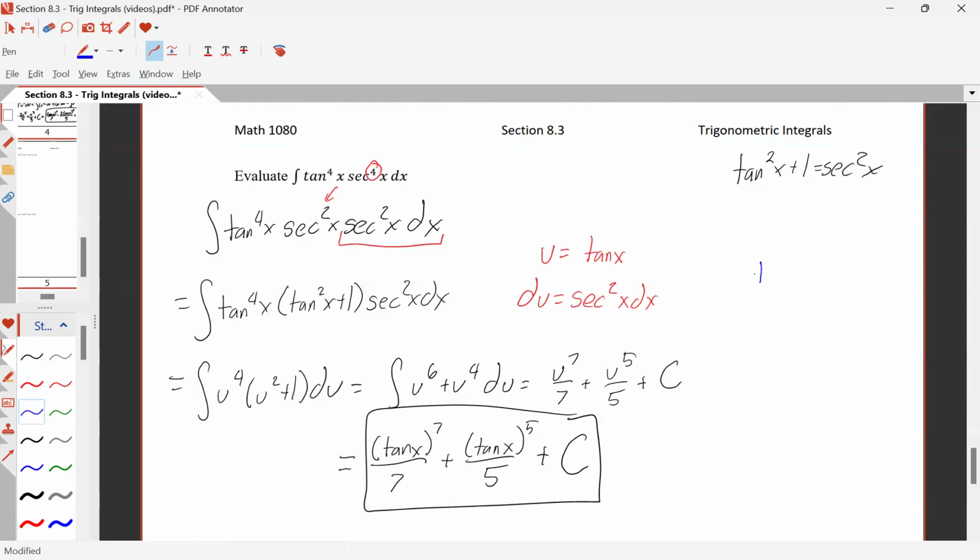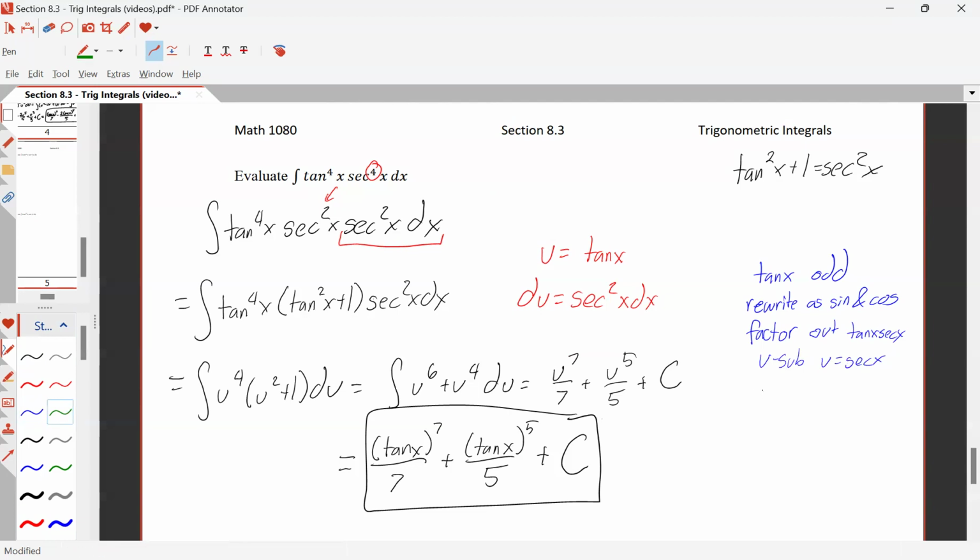So when tangent is odd, we want to either rewrite as sine and cosine, or we want to factor out a tangent x secant x and use a u sub with u equals secant x.